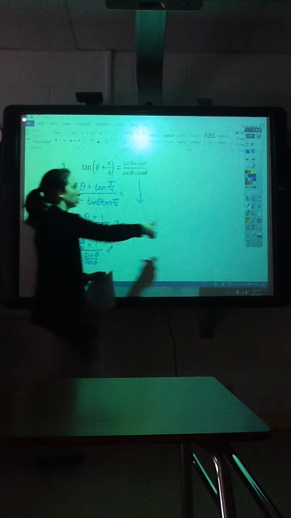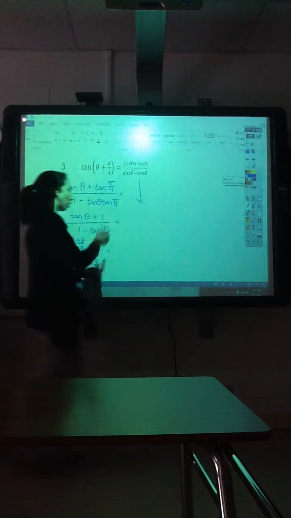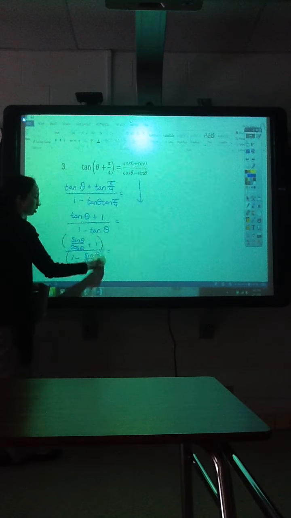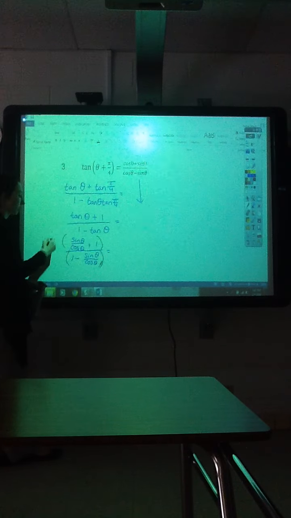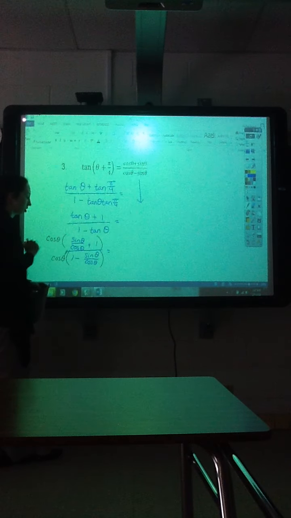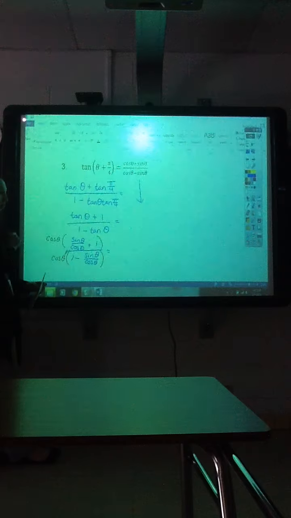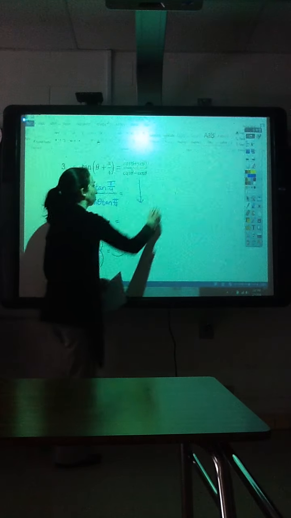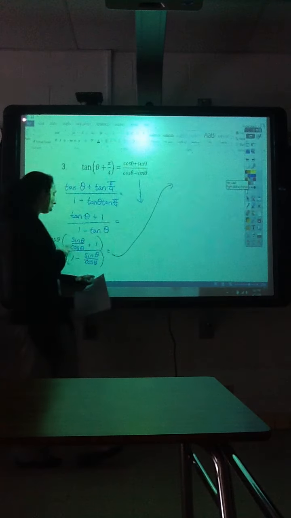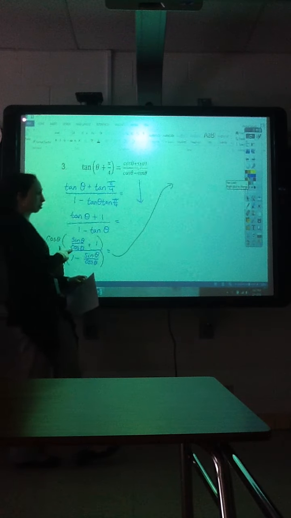Now, with this being said, I now have fractions within fractions. We don't like those. I'm going to multiply top and bottom by that denominator I don't want, which is a cosine theta in both instances. So I only have to multiply by the one thing. Now I'm going to go ahead and bring my work up over here. Cosine times sine over cosine leaves me with sine.